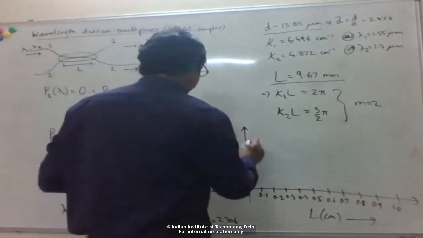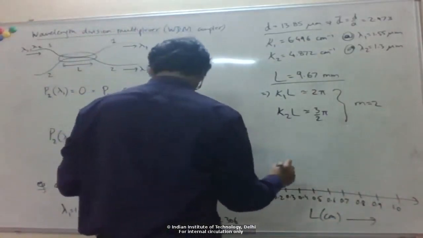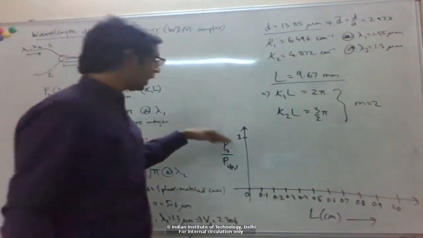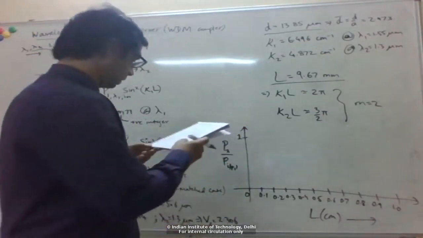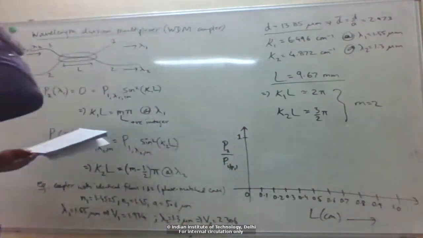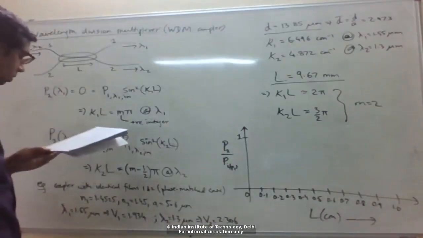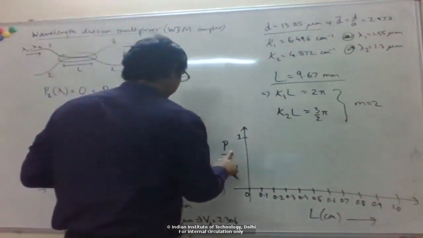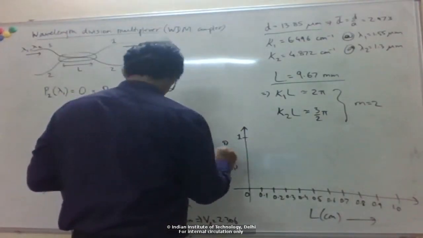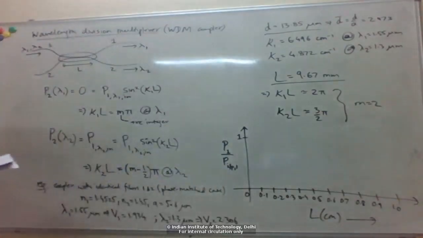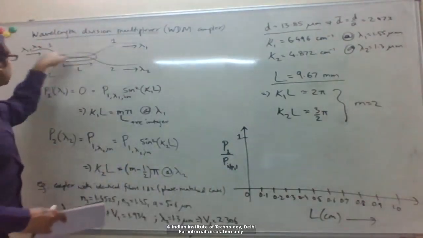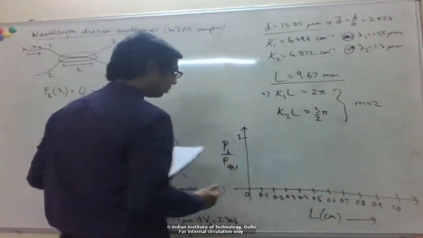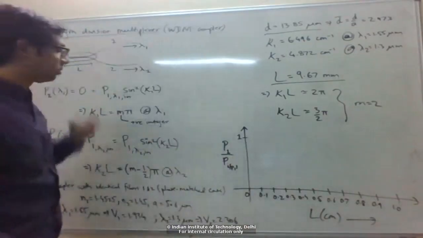If we look at 1.55 micron, this is a phase match case with identical fibers, so 100% power can actually be coupled. Actually, this is port 1, the power coming out from the same port as the input port. It starts from 1, of course, for zero coupler length, so that means the fiber is coming straight.